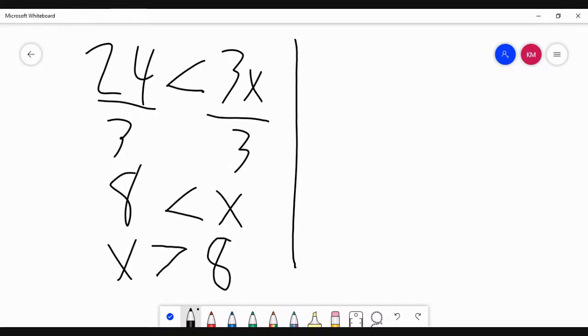As you can see, when I flipped it, I made sure that the mouth still stayed in front of the x, because the statement read as follows: 8 is less than x.